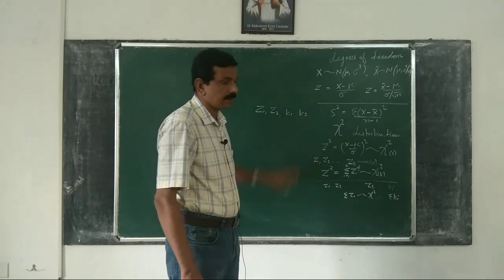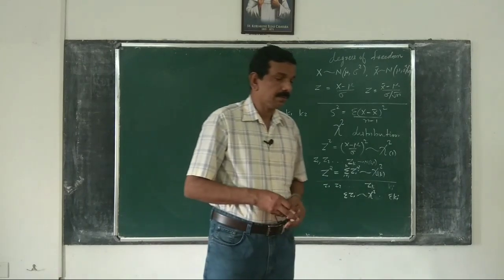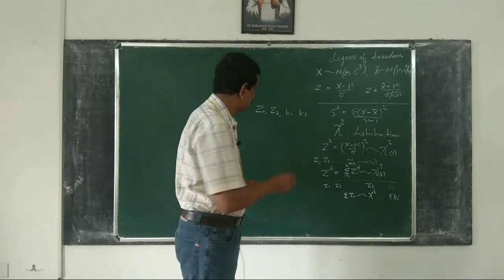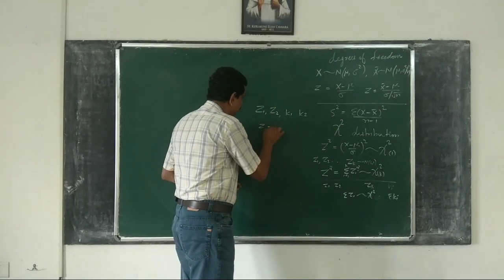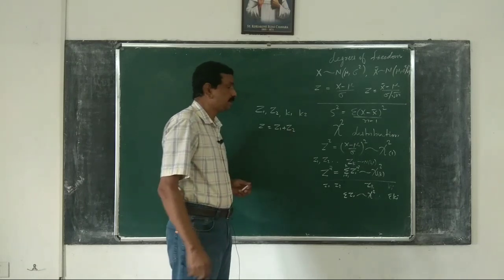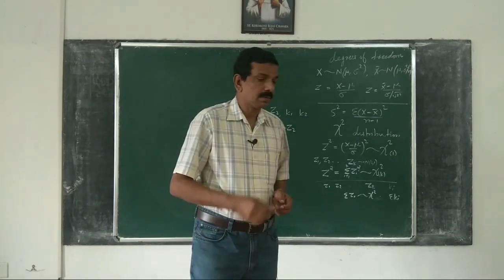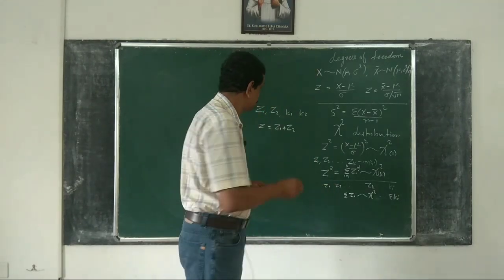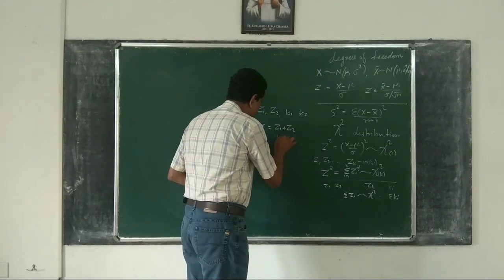Then the sum Z1 plus Z2 also follows chi-square with k1 plus k2 degrees of freedom.